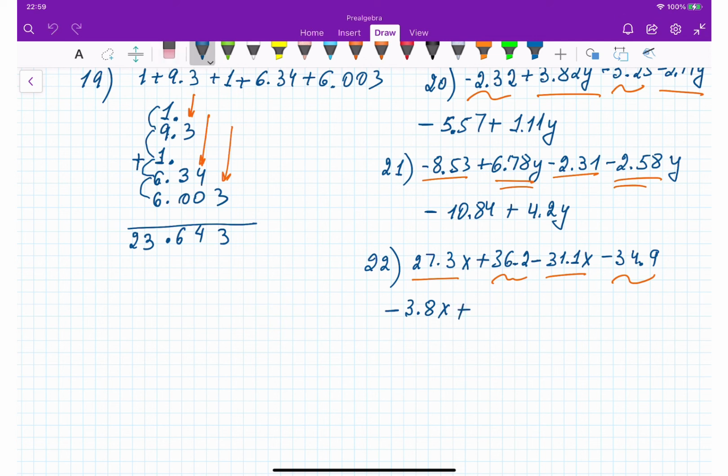So it's going to be 36.2 minus 34.9. 12 minus 9 is 3. Here 5 is left. 5 minus 4 is 1. And it is 0. 1.3. So it will be plus 1.3. Okay. And the very last one.